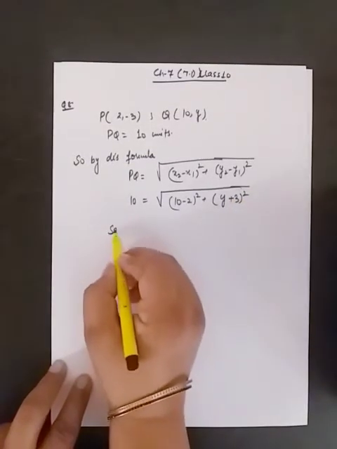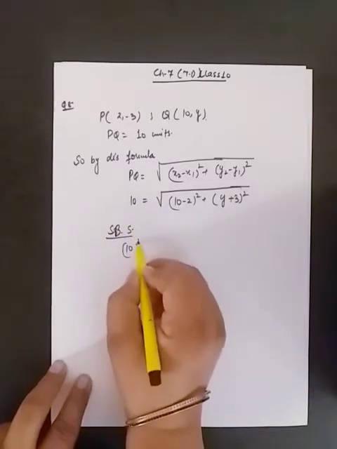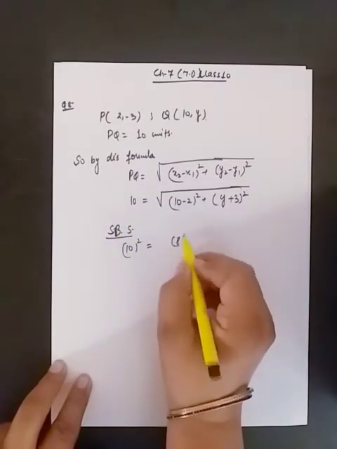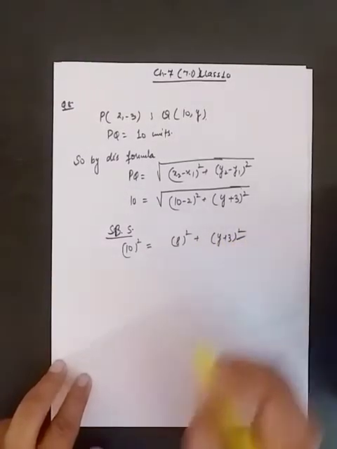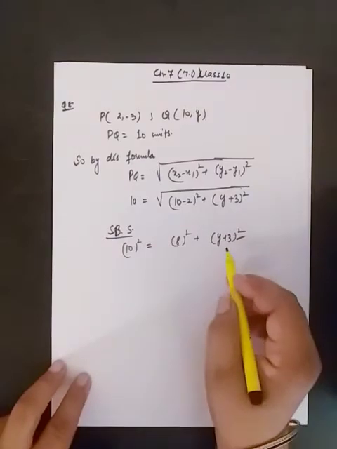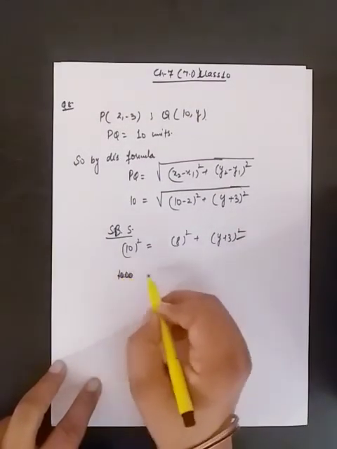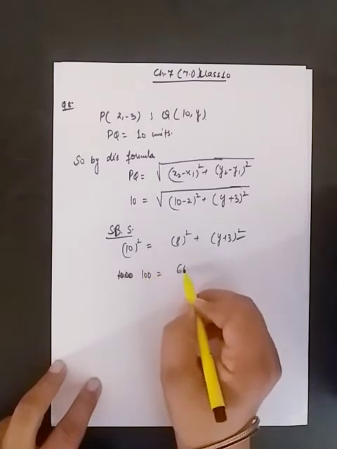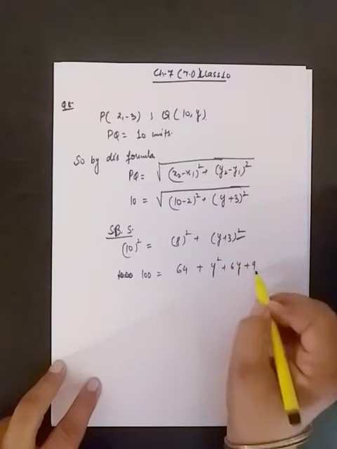Now squaring both sides, we will get 8 square plus (y plus 3) whole square. Again we have to use the identity to solve (y plus 3) whole square, and we will get 100 is equal to 64 plus y square plus 6y plus 9.